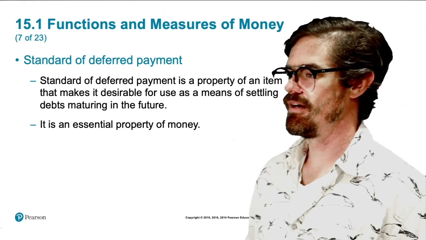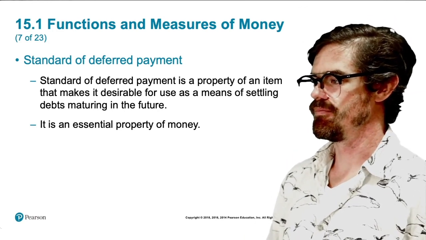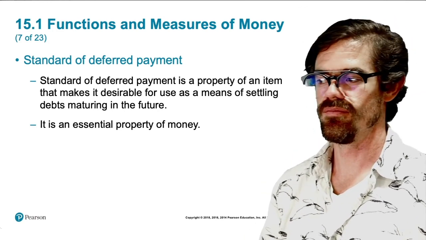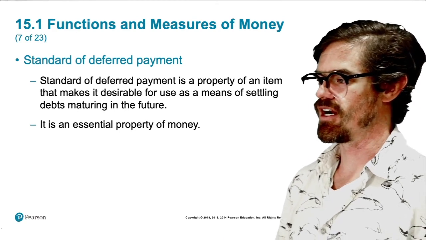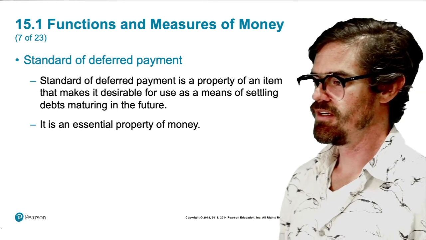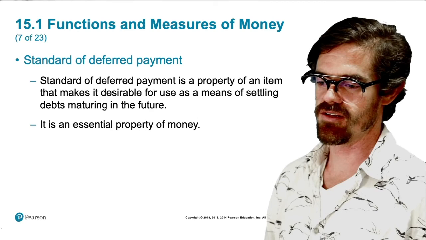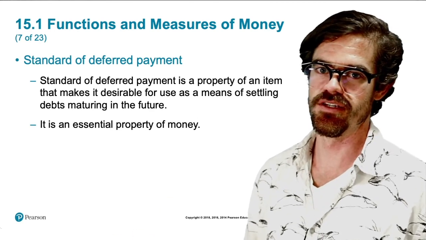All right, and then the last one, standard of deferred payment. This is just a property of something that makes it desirable for use as a means of settling debts in the future. And this is another essential property of money. If you can't pay a debt with it, then it really isn't money.